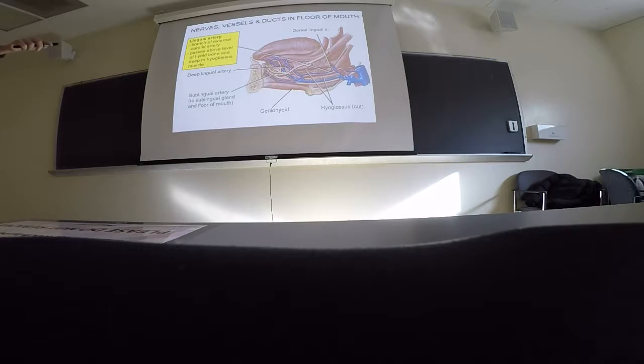But it comes forward and basically goes into the base of the tongue, where it splits, and gives rise to a deep lingual that goes up into the tongue, and a sublingual that stays down here where genioglossus is. But you can find the lingual nerve is coming in from above, the lingual artery and lingual veins are coming in from below.